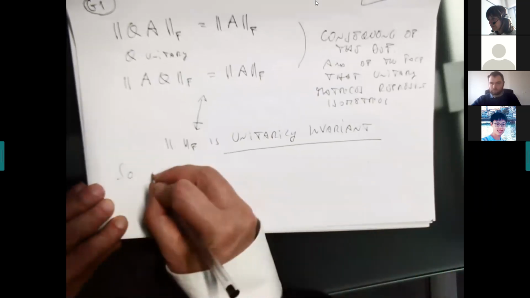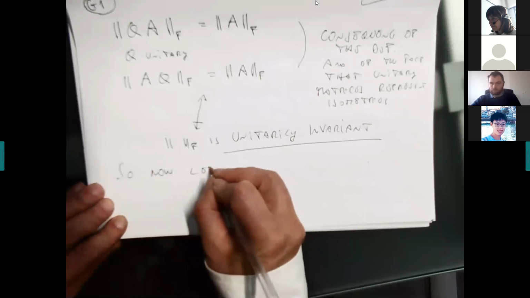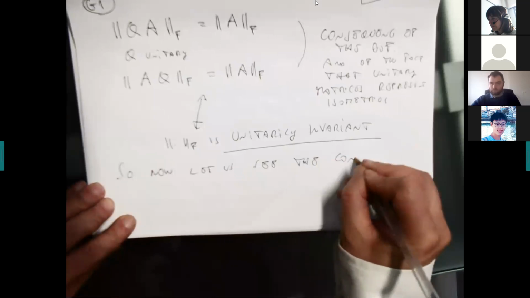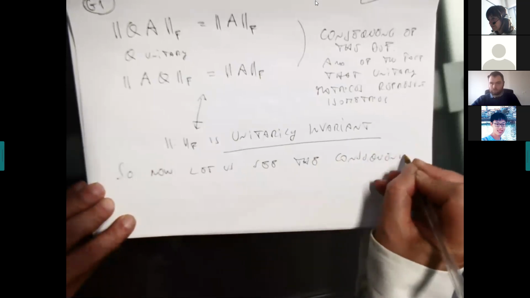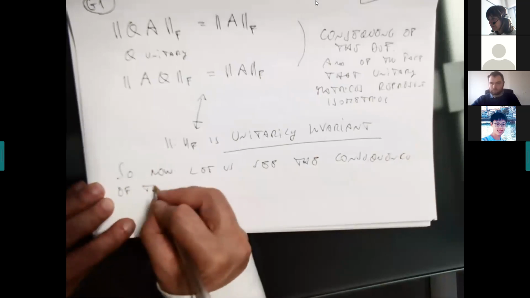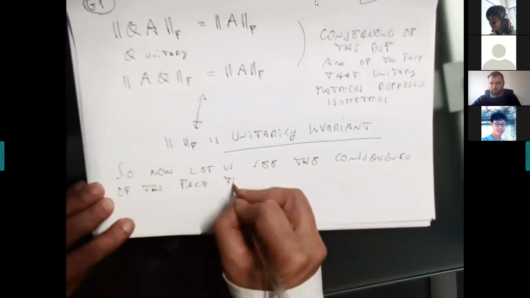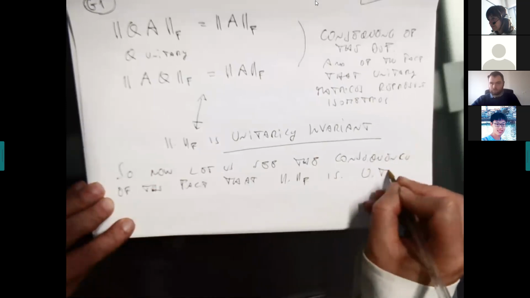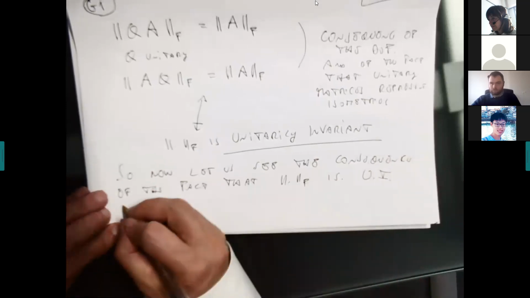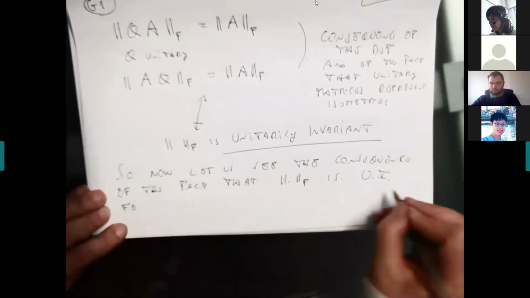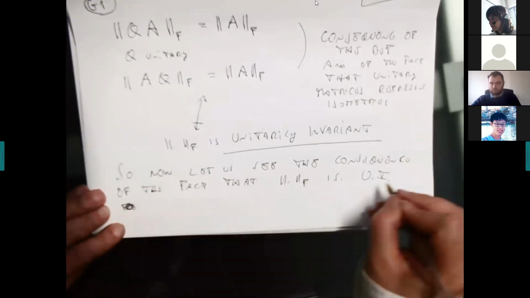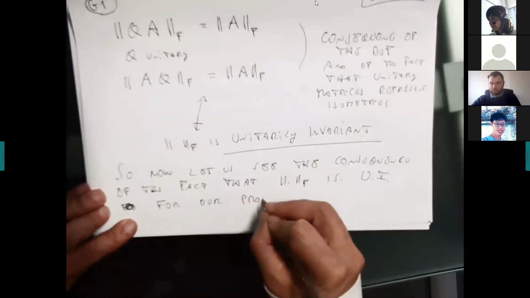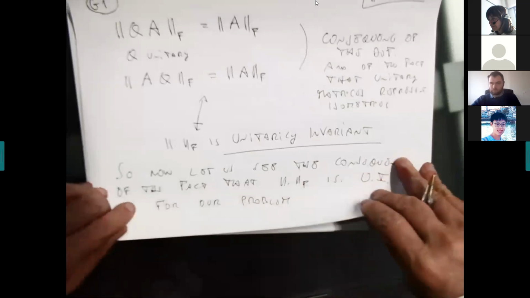So now let us see the consequence of the fact that the Frobenius norm is unitarily invariant for our problem.